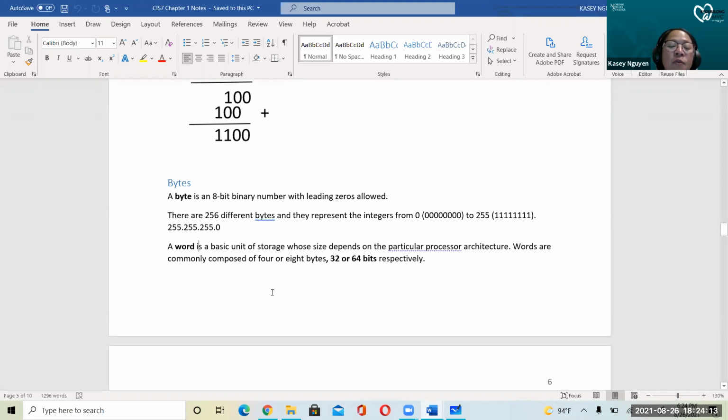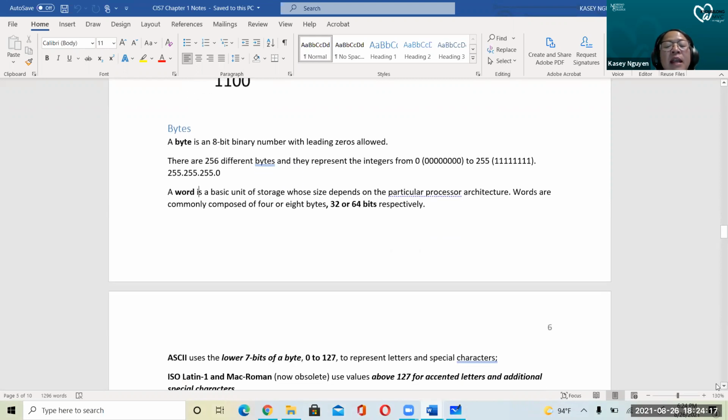Then for a word, we mentioned last time that a word in general doesn't always stay at one size. Here it says 32 bits or 64 bits, but for Microsoft systems, like the basic Intel system, it uses a word size of 16 bits.